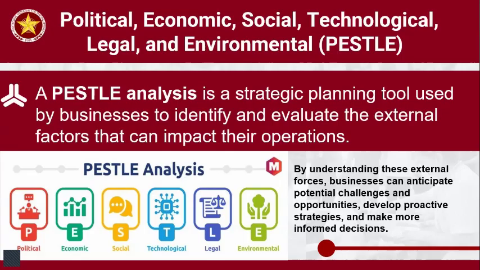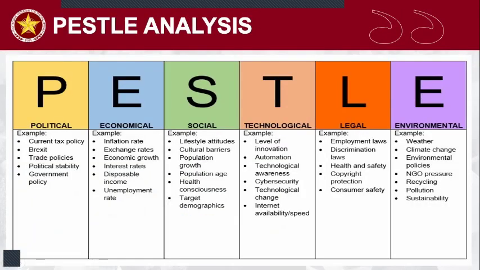So here on the next slide would be the continuation or the examples. For political, it could be a current tax policy, the Brexit, trade policies, political stability, government policy. So if your organization is facing such examples of challenges, it is under political.